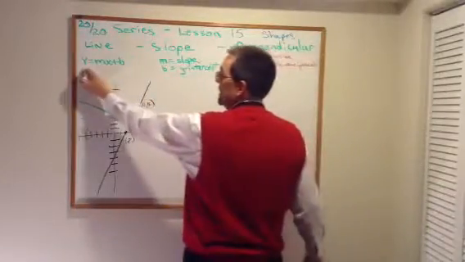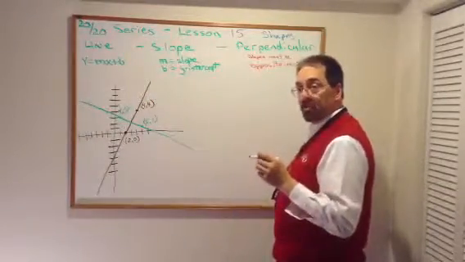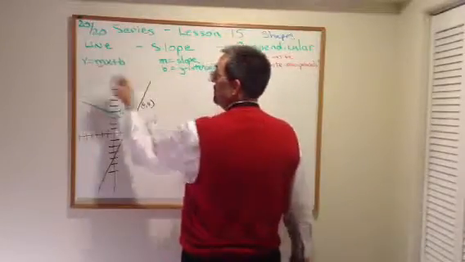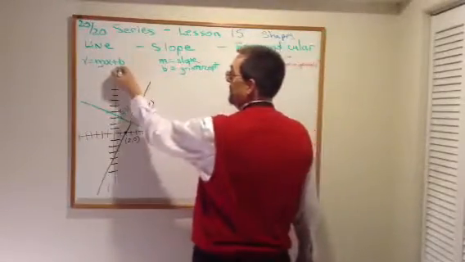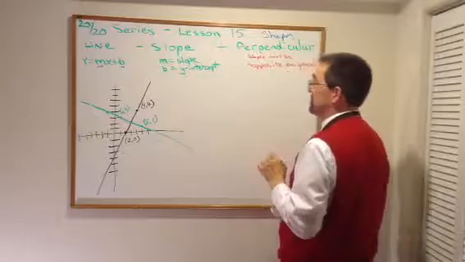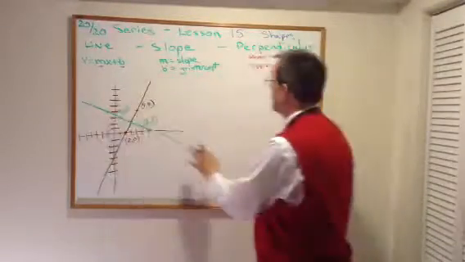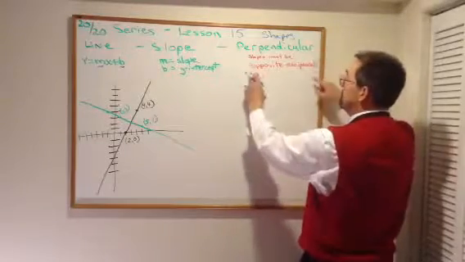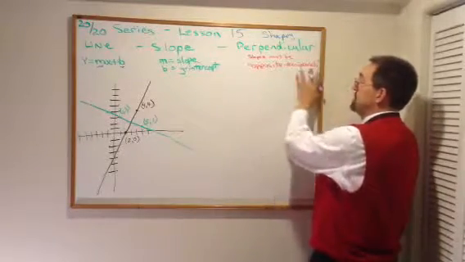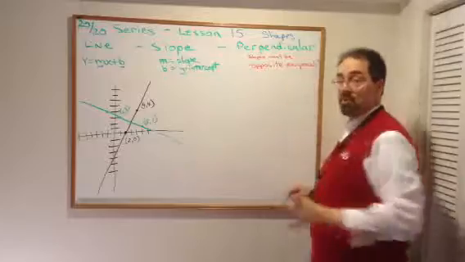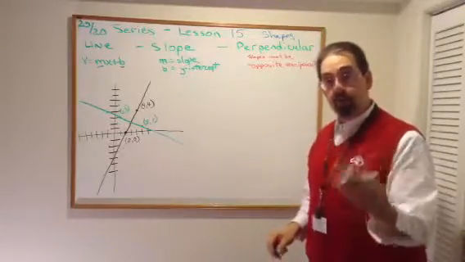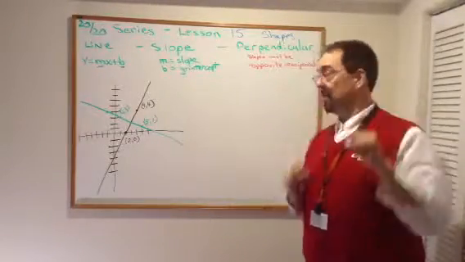A line a lot of times comes in the slope-intercept form, where we have to find the slope and the y-intercept. Once we have those, like in this example, and we can show that the slopes are indeed opposite reciprocals, we can show that the lines are indeed perpendicular or form that 90-degree angle.